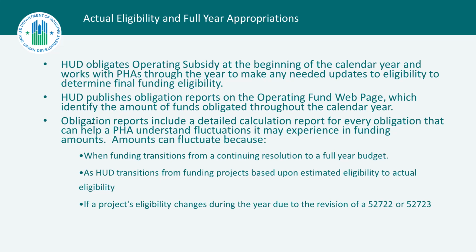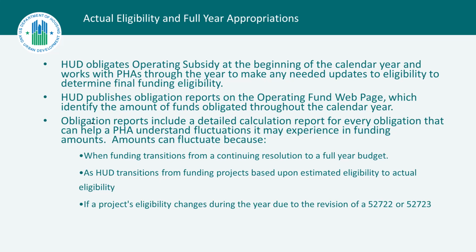The reports identify the amount of funds obligated throughout the calendar year. PHAs will receive an obligation letter notifying them of their obligations and generally the eligibility amount their funding was based on. The obligation reports contain detailed funding information for each project and will help PHAs understand the fluctuations they may experience in funding amounts and are a helpful management tool.